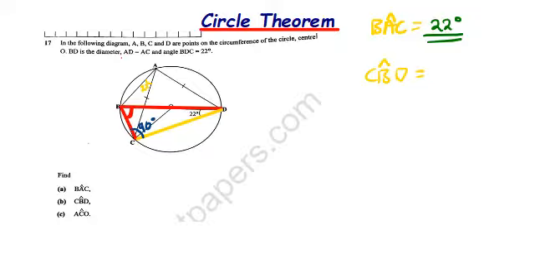We know that the angles in a triangle add up to 180, so we can find this angle by saying 180 degrees minus 90 degrees plus 22 degrees.